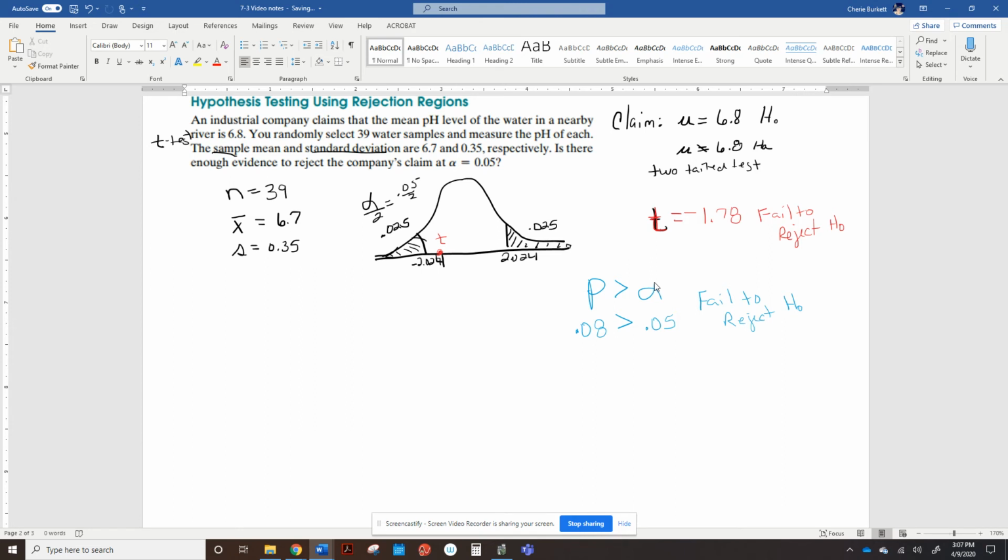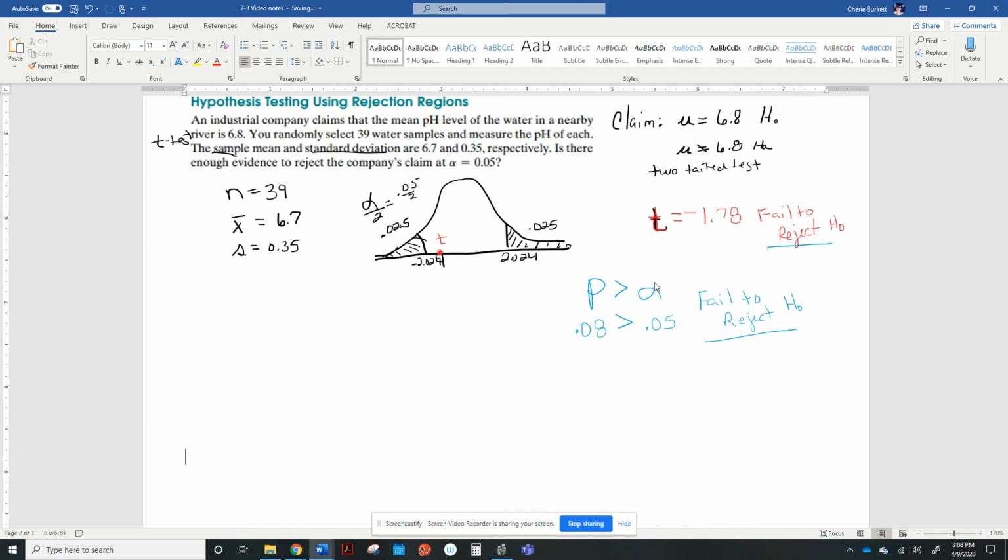Some test questions are going to say, find the p-value, do the p-test. And then some of them are going to say, be sure you show me the rejection region. So this is the P alpha method, and this is the rejection region method. So they should result in the same answers.